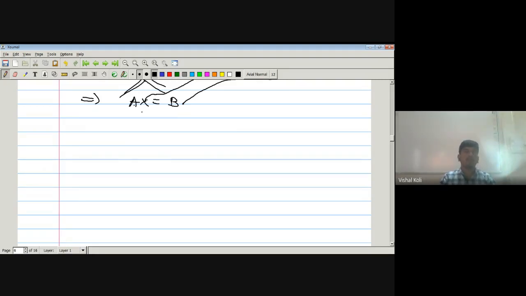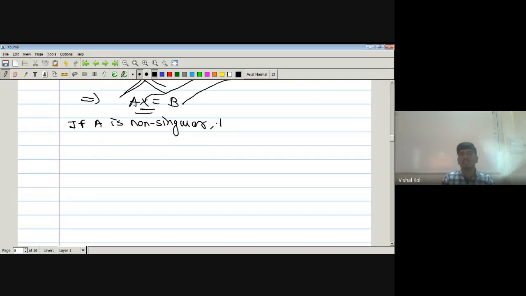Now, when will the solution of this system of linear equations exist? Suppose A is non-singular, that is, the determinant of A is not equal to 0.